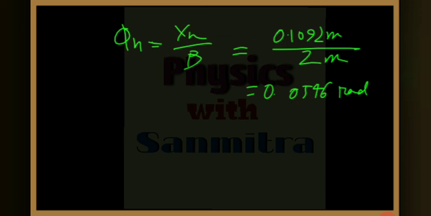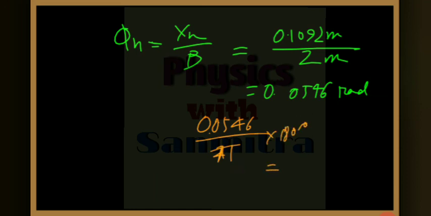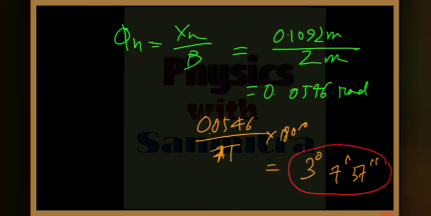If I convert it into degrees, that is 0.0546 divided by pi into 180 degree. If you calculate, you will get 3 degree 7 minutes 37 seconds. I have calculated up to seconds. So this is my angular displacement of the 10th bright fringe.